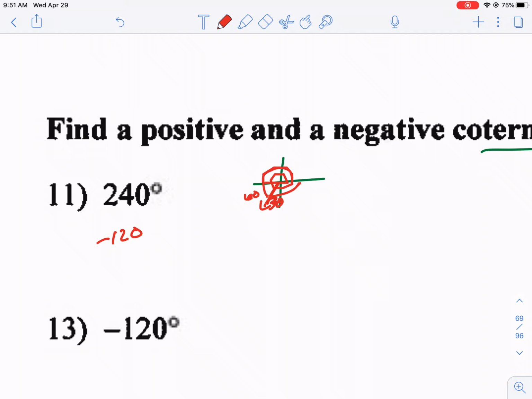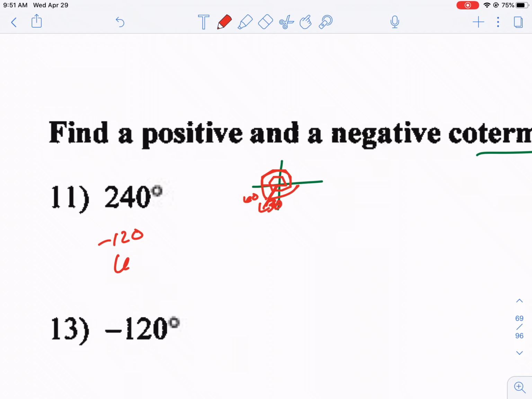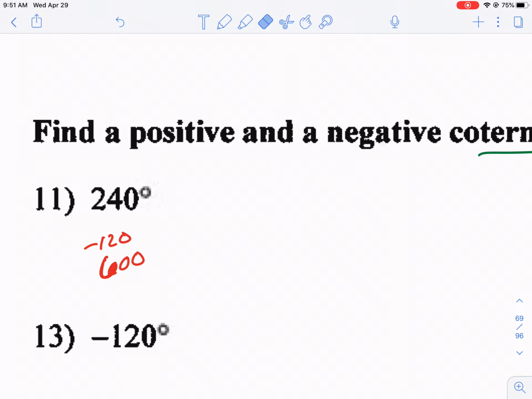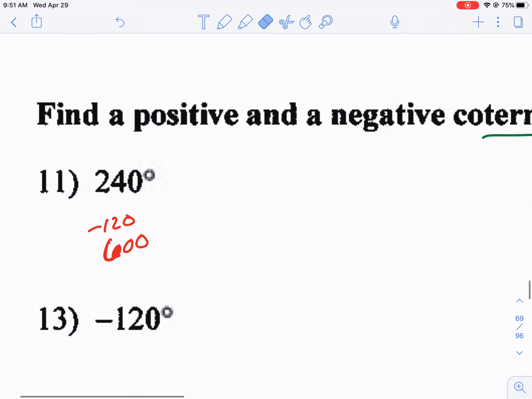So 360 plus 180 plus 60, or 360 plus 240. And I'm going to outline for you a quicker way to do this than graphing on the next problem. But 360 and 240, so 600 degrees. So these 3 angles are all coterminal. Okay, we don't need to graph them every time.